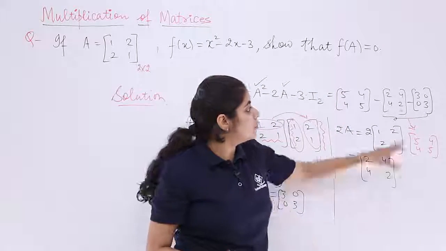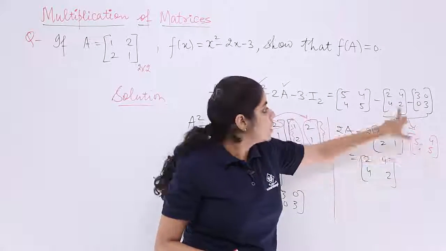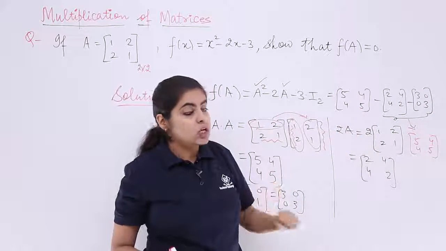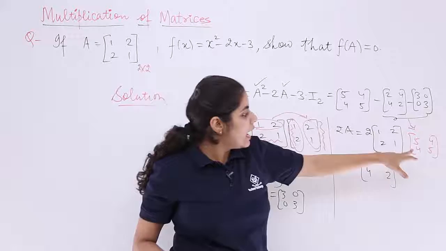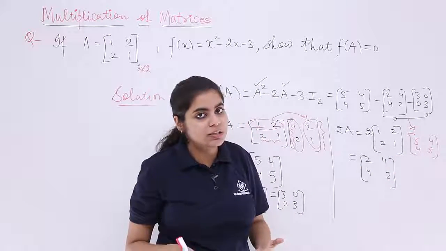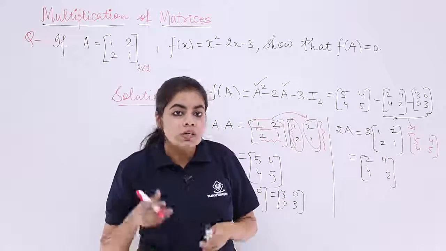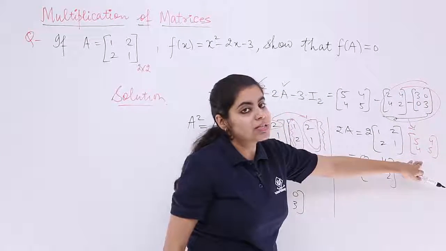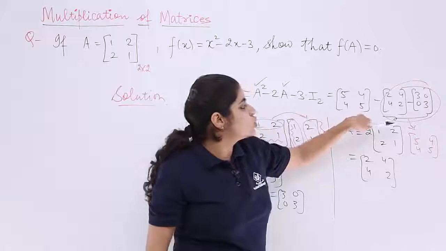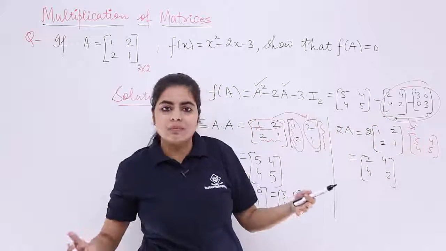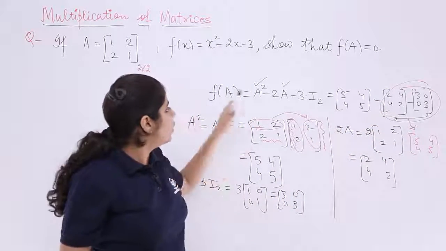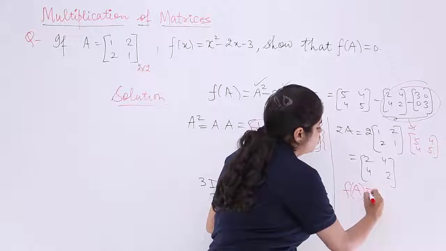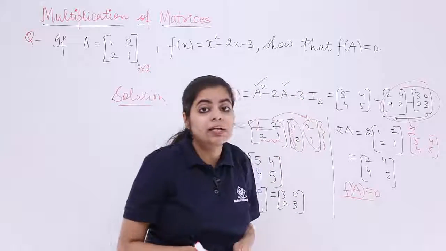How come 5, 4, 4, 5? 2 plus 3 is 5, 4 and 0 makes 4 and so on. The matrix given and these matrices are minus each other, so they cancel and nullify each other. The resultant of this matrix is this matrix in the red ink and these two have a minus sign, so they become 0. So the whole value of f of A turns out to be 0, and that is what I needed to prove.